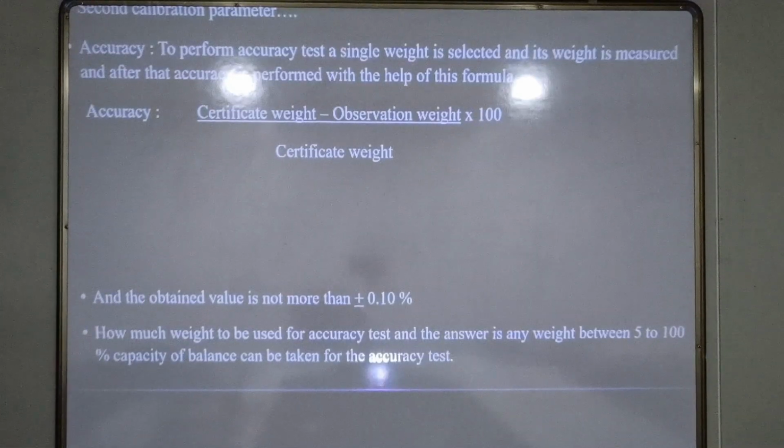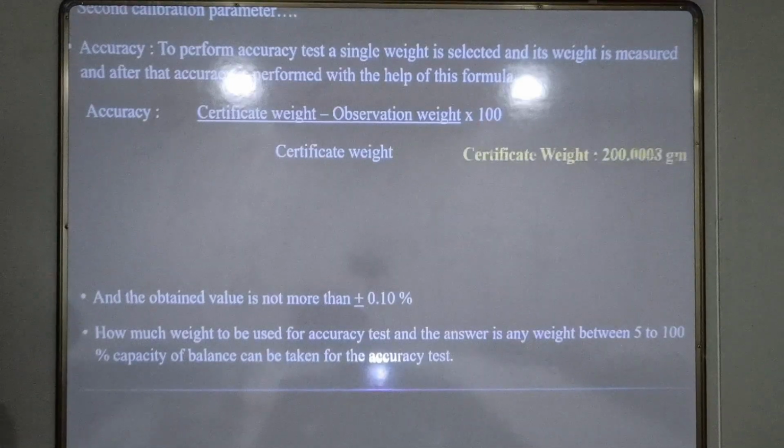To perform the accuracy test, a single weight is selected and its weight is measured. After that, accuracy is calculated with the help of the following formula. The formula of accuracy is certificate weight minus observation weight, divided by certificate weight, into 100.